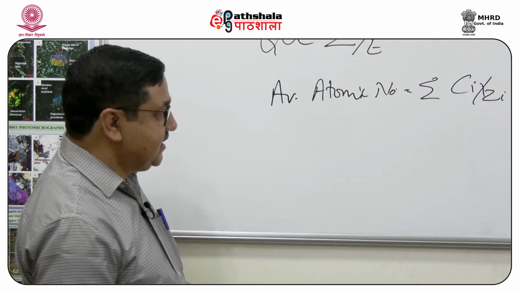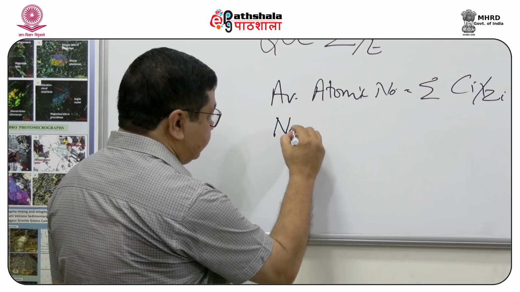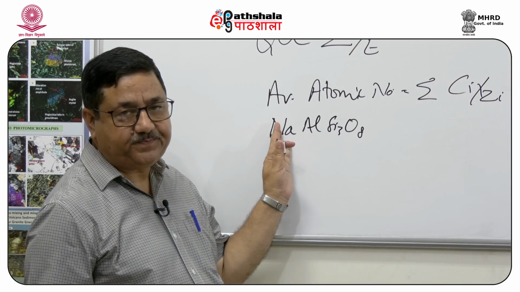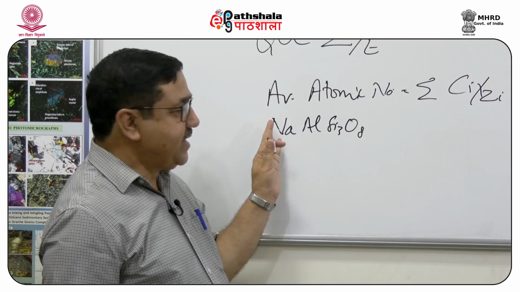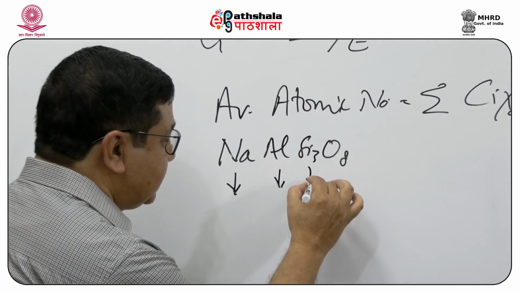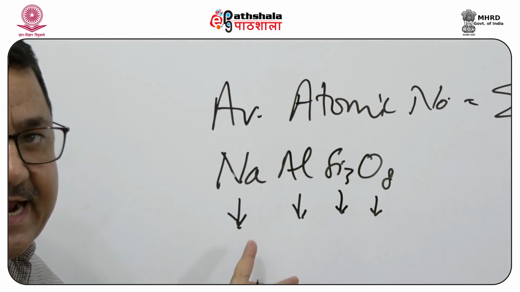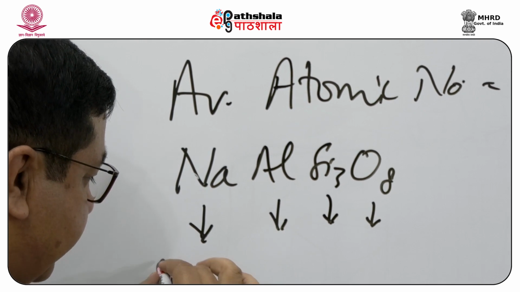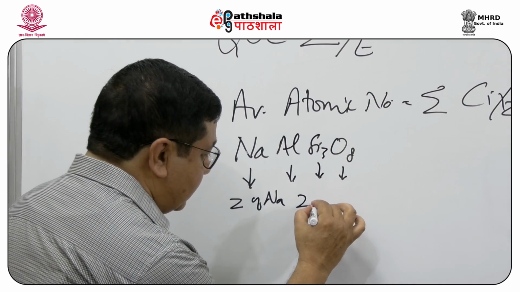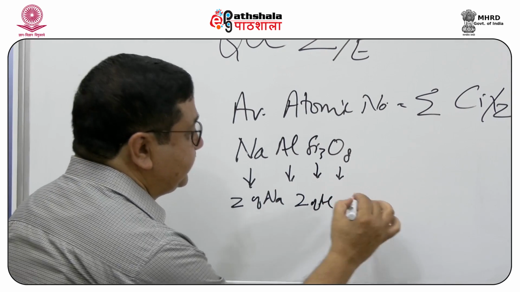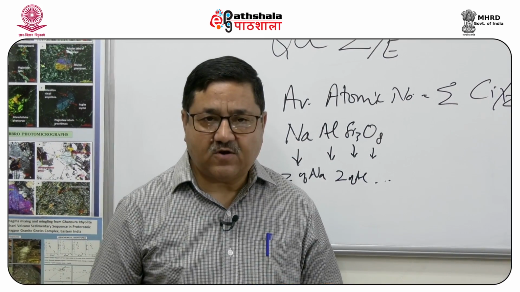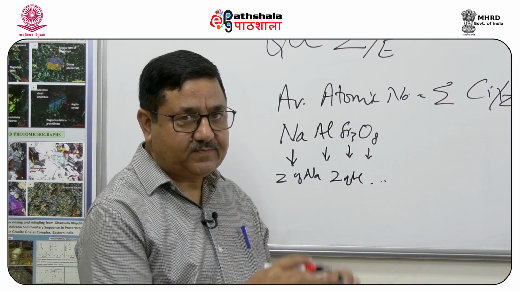To illustrate this, let us look at the formula of plagioclase-feldspar known as albite. Now, in this, if we have the concentration of sodium, aluminum, silicon and oxygen, and that fraction of concentration is multiplied by their atomic number, that is Z of Na, Z of Al, etc., and we sum that up, that will represent the average atomic number of albite.